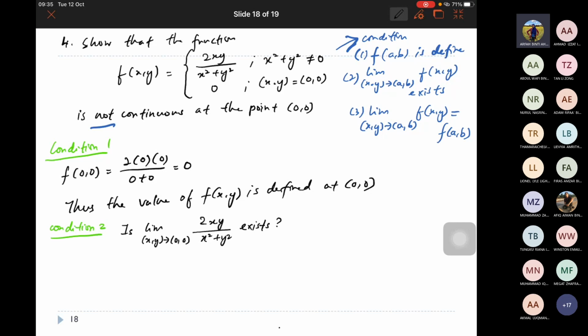Okay. So consider the first line. Consider the first line of x approaches 0. Okay.